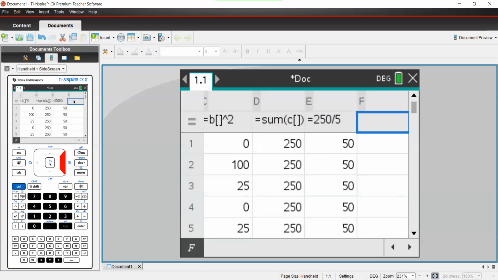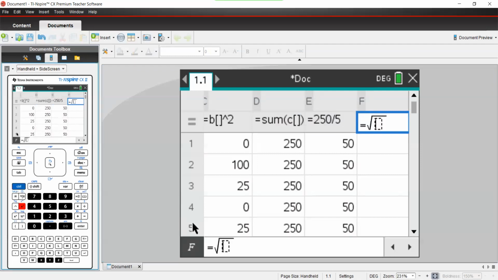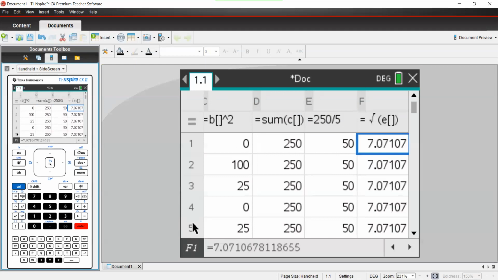And then now I just want to take the square root of that. So I wonder if I could just do square root. There you go. And then we'll put in E. Or you could have put 50. You should get the same result. There you go. All right. And this is actually beneficial if we would have had a lot of information to do.